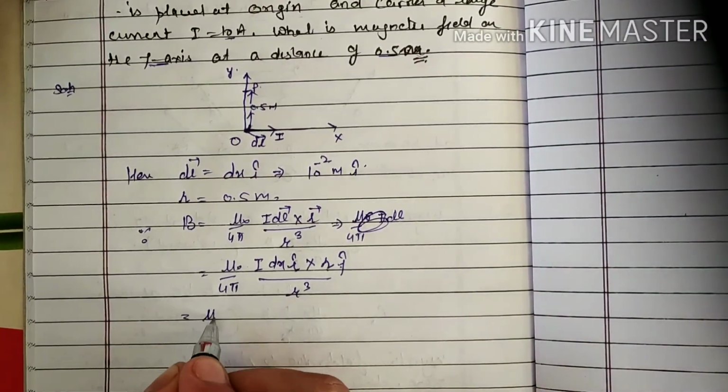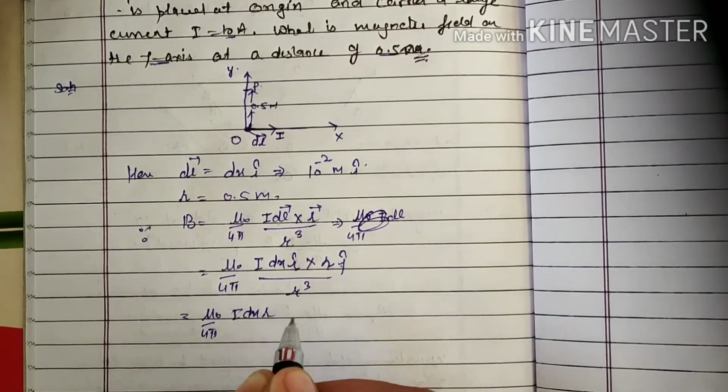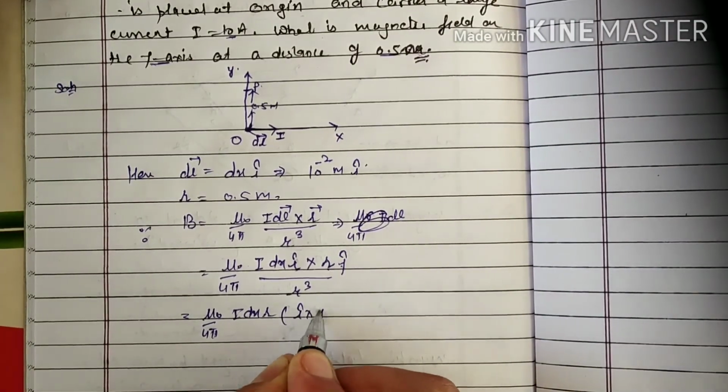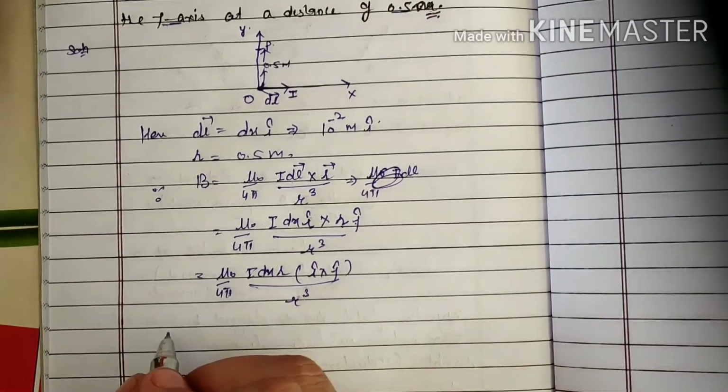Further we can write mu naught upon 4 pi, I dx r, i cross j vector, divided by r cube. So we will simplify this.